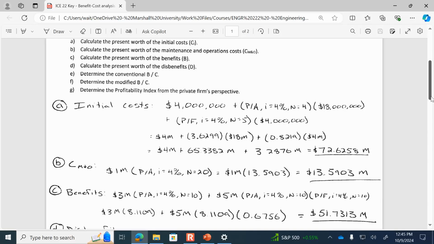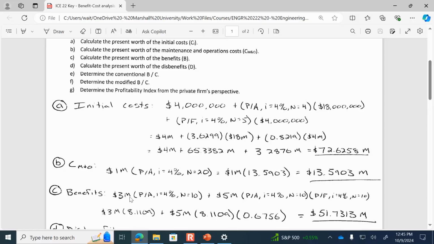And if we discount all the benefits to the present, the benefits that are described are annual revenue and benefits of $3 million in years 1 through 10, and then $5 million in years 11 through 20.